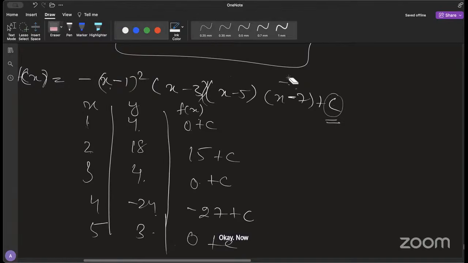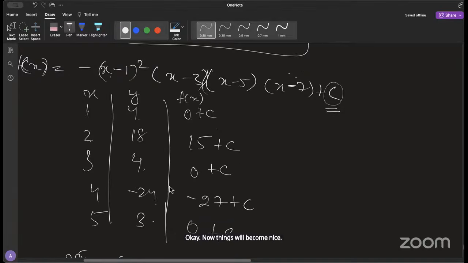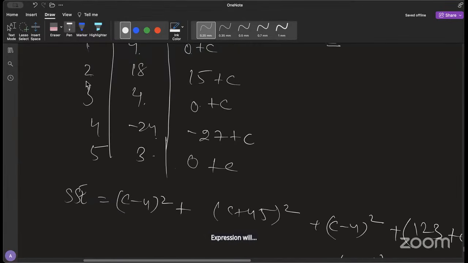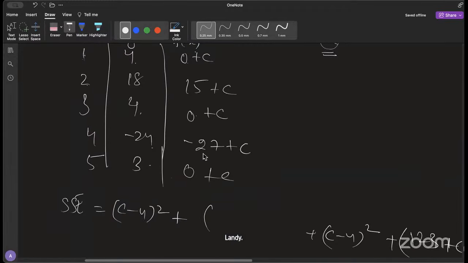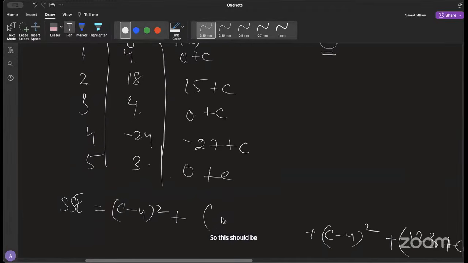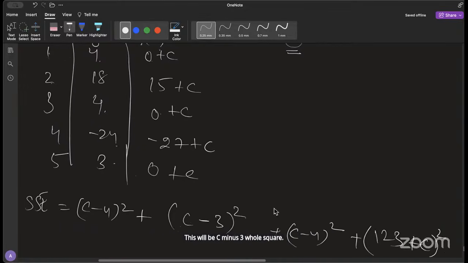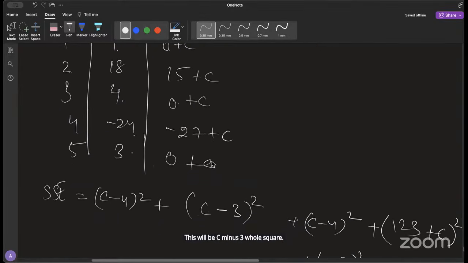Now things will become nice. The expression will not be this lengthy. So this should be 15 minus 18 or 18 minus 15. Okay, let's do 15 minus 18. This will be C minus 3 whole square. Then this one is the usual.